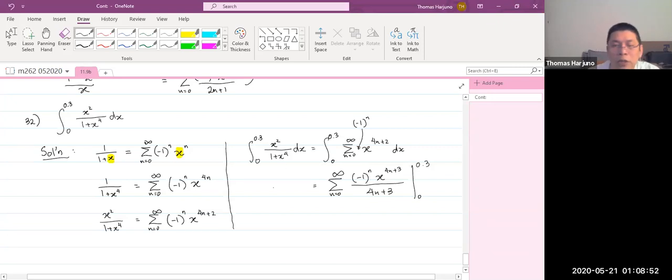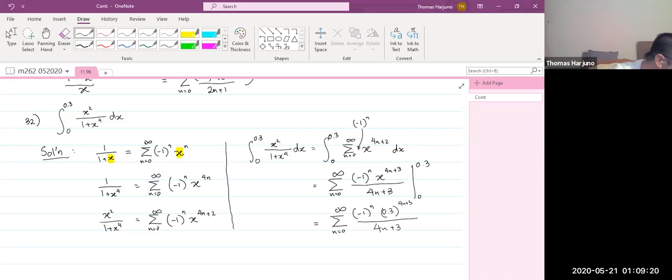When x equals 0, the series is 0, so this series is 0.3 to the power of 4n+3 over 4n+3. Okay, so that's the power series to represent the value of that integral.